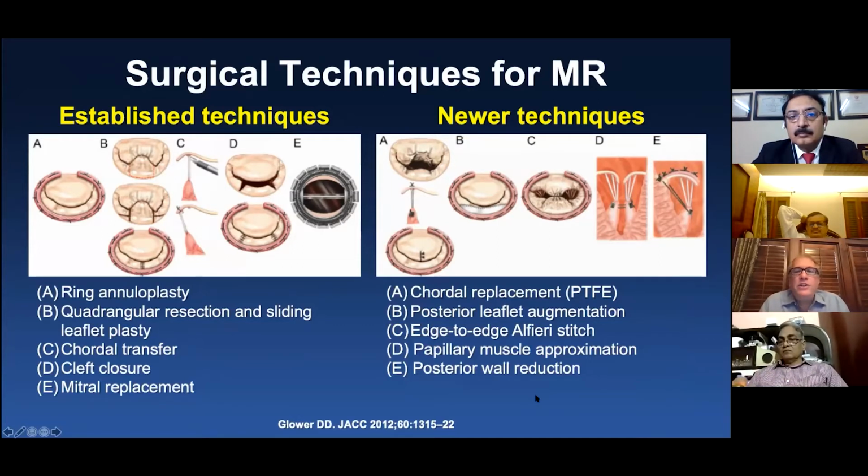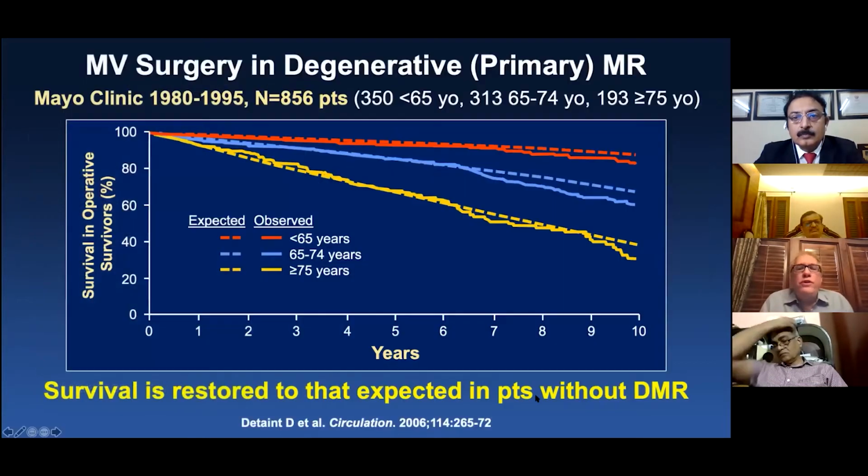The advantage that the surgeon has is that there are numerous techniques, both established and recently introduced, that allow the surgeon to look at the exact pathophysiologic derangement and morphology of the mitral valve and to tailor his or her adjustment to that disease or etiology of the valve. Now, there's really a paucity of data in the cardiac surgical literature as to how effective mitral valve repair or replacement is. In fact, there are no randomized trials.